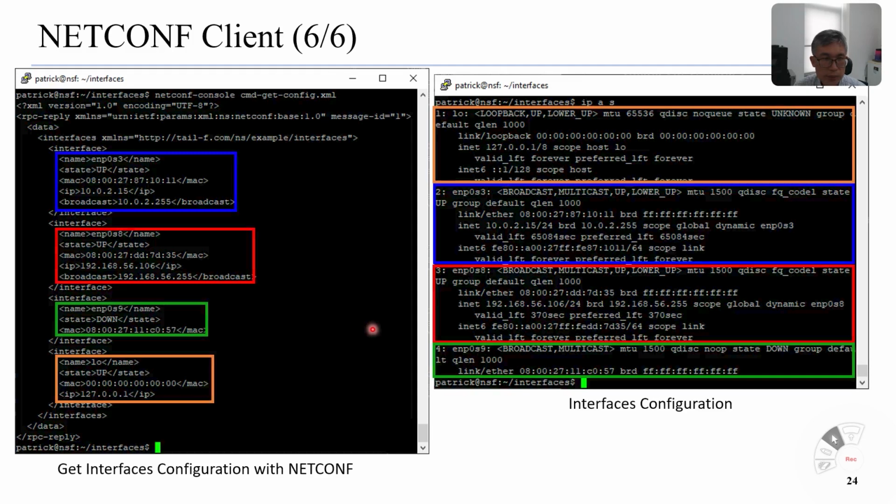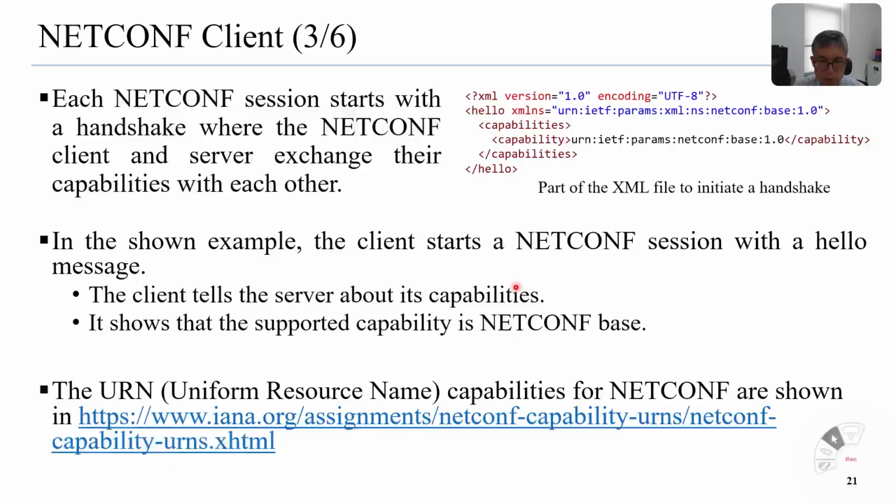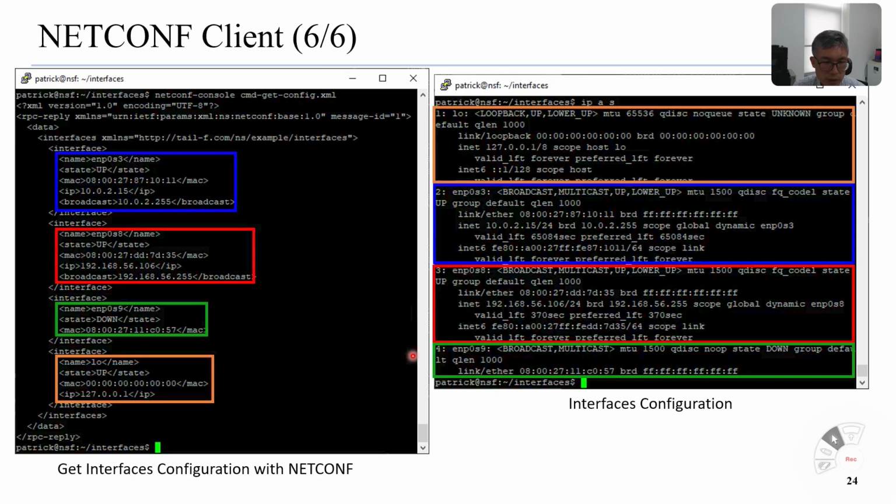So you execute this NETCONF console command, and then the interface information can be retrieved locally. In the remote case, you can use the NETCONF client with this host and the get config XML command, and the remote NETCONF server's IP interfaces can be retrieved.